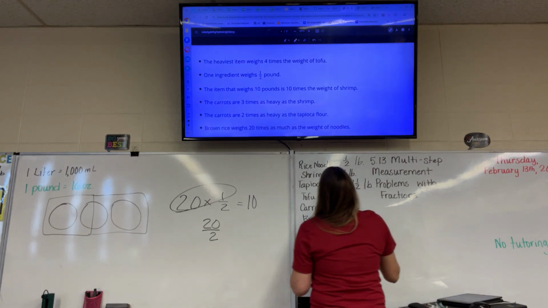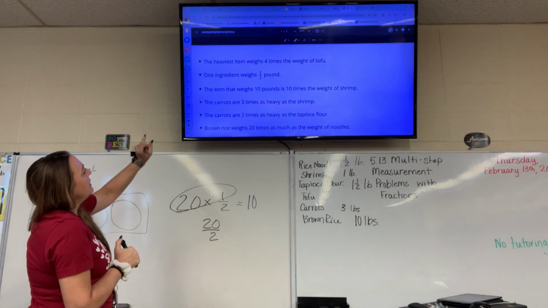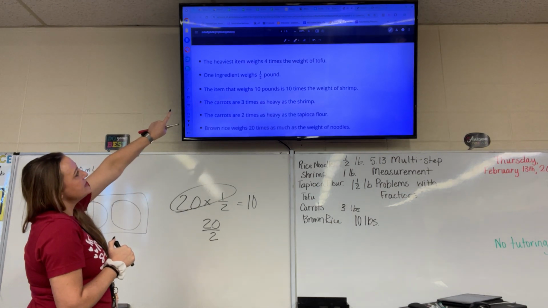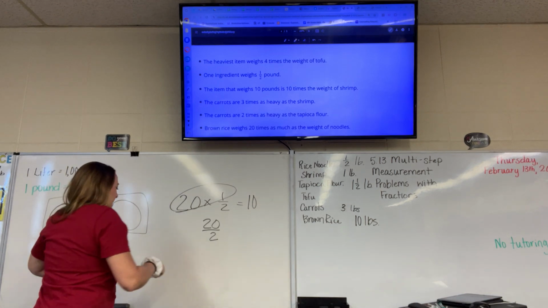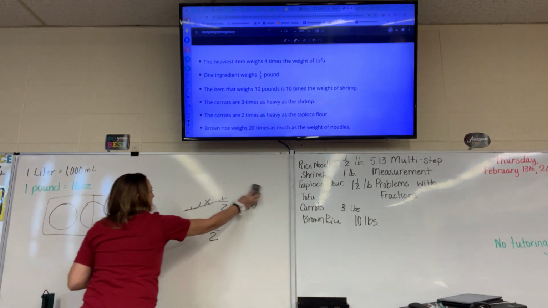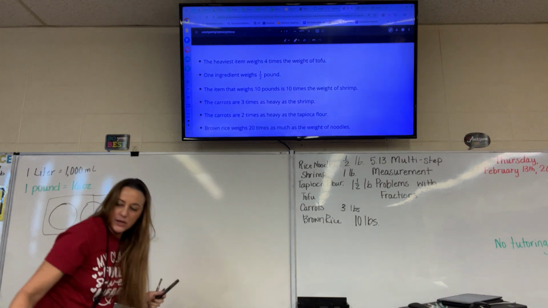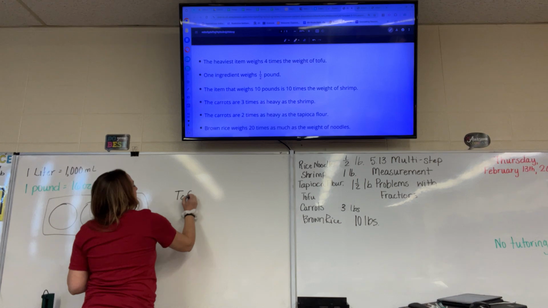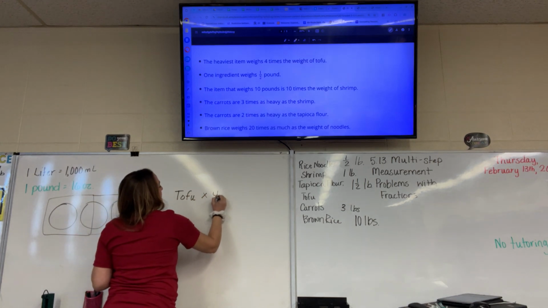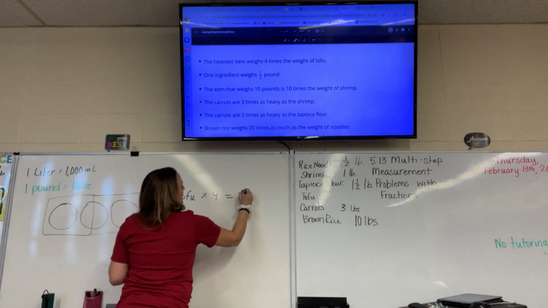And that just leaves the tofu. So let's see. The heaviest item, which we know is brown rice, is 4 times the weight of tofu. So I'm going to say tofu times 4 equals 10 pounds.